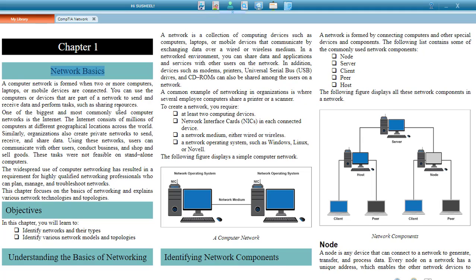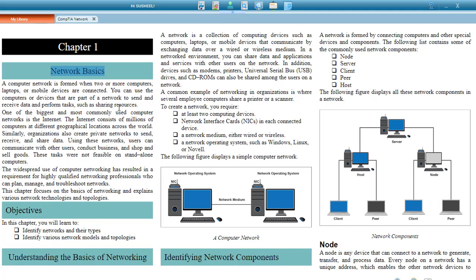The Internet consists of millions of computers at different geographical locations across the world. Similarly, organizations also create private networks to send, receive, and share data. Using these networks, users can communicate with other users, conduct business, and shop and sell goods. These tasks were not feasible on standalone computers.